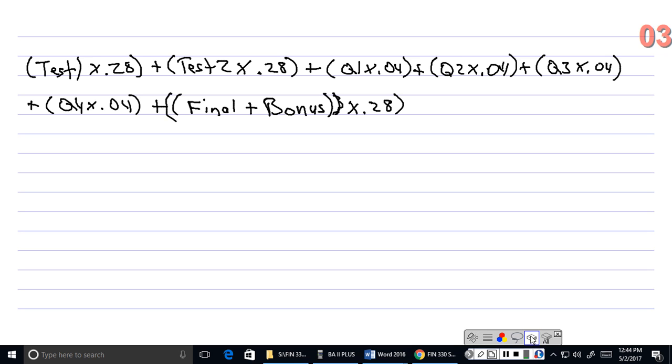So you just have to estimate the final and bonus exam portion. So you can just say, okay, what if I make an 80 on the final plus a 12 on the bonus? Okay, so you got a 92 times 0.28. And once you add all of that together, that's going to give you your score.